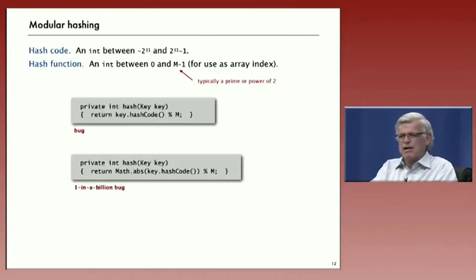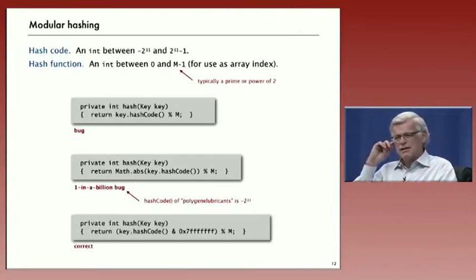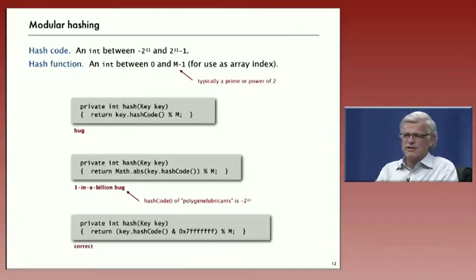But even if you take the absolute value, -2 to the 31st is possible. So you have to just take the 31 bits. You get the hash code out, make it positive, and then mod m is the way to go. The math doesn't quite work out right. So anyway, that code down at the bottom, you can use that as a template for what you might want to do.